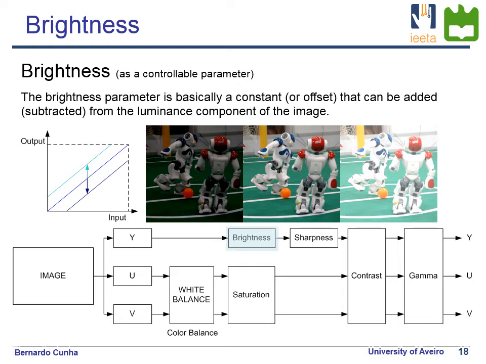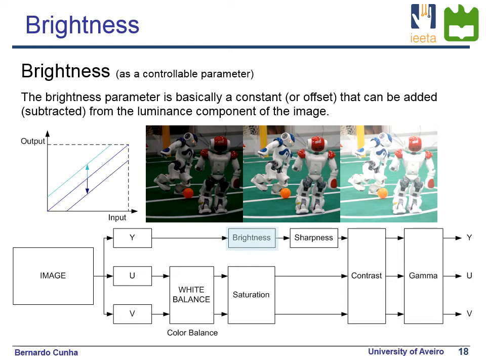The normal non-manipulated brightness information will have the transfer function you see on this line. If you want to increase the brightness, basically what you do is add a certain constant to all pixels of the image. So you keep the same derivative, the same gain, let's say, you simply add a constant. If you want to turn the image darker, reduce the brightness, you simply subtract a certain constant and you change the transfer function, which is still parallel to the original one, but now at a lower level.